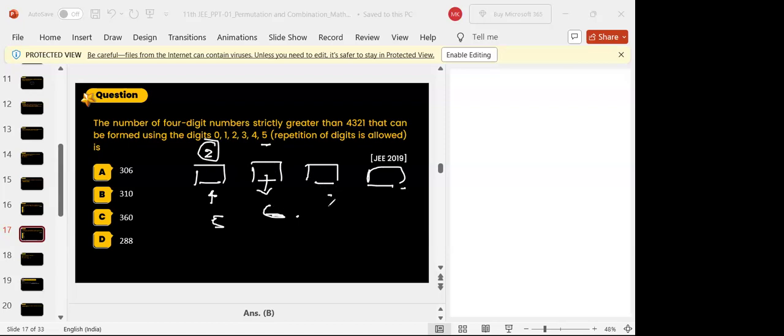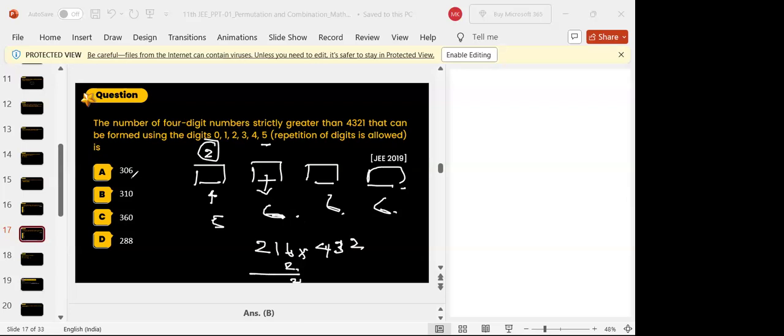Here also, from 432 we have to eliminate 3. It is greater than 3. There also a problem arises.